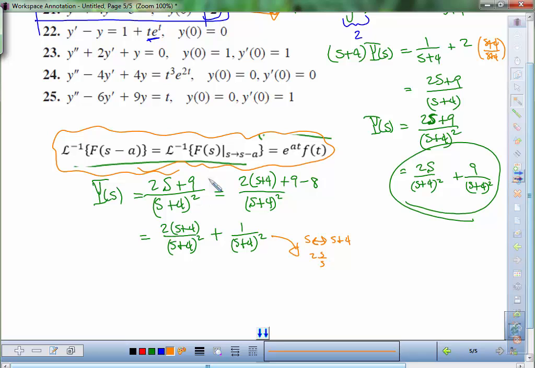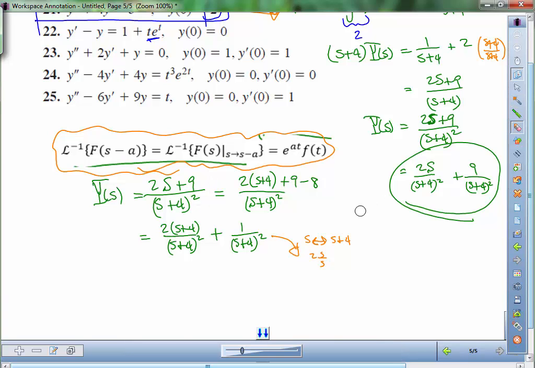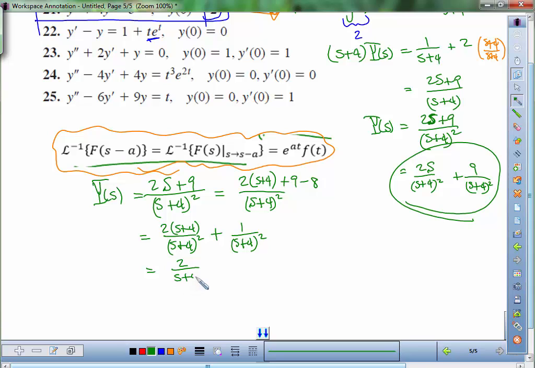Let me simplify this a little bit, because the first one just becomes 2 over s plus 4, right? And this one is 1 over s plus 4 squared.